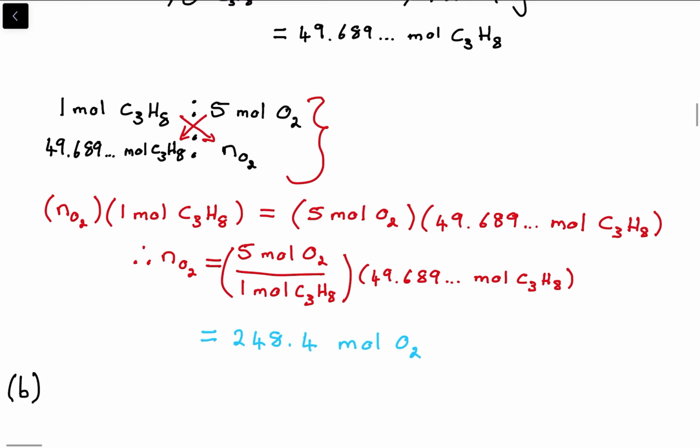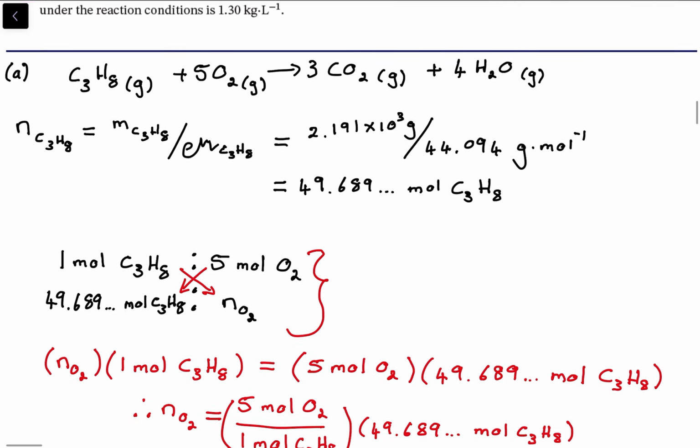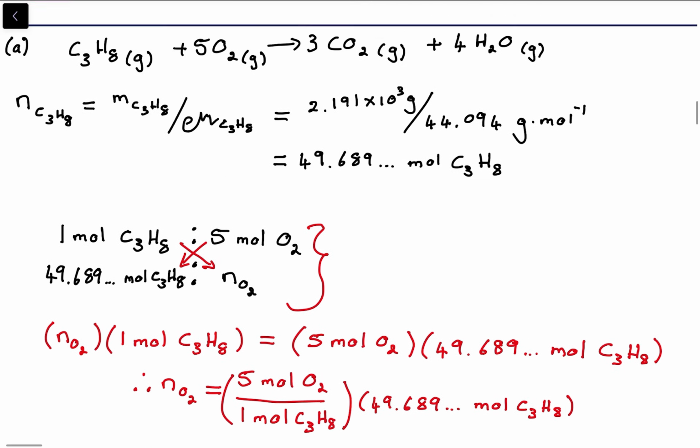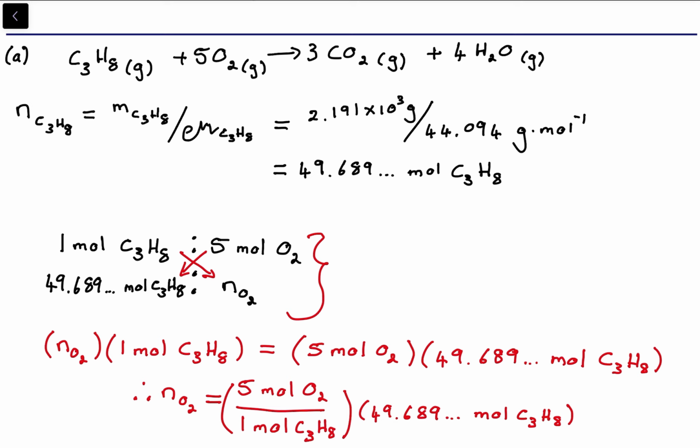So let's say, for example, we had 49.6 mole C3H8. We expect to produce 3 times as much CO2, right? So in other words, about 150 mole of CO2. But that is what we expect, that is with 100% yield.